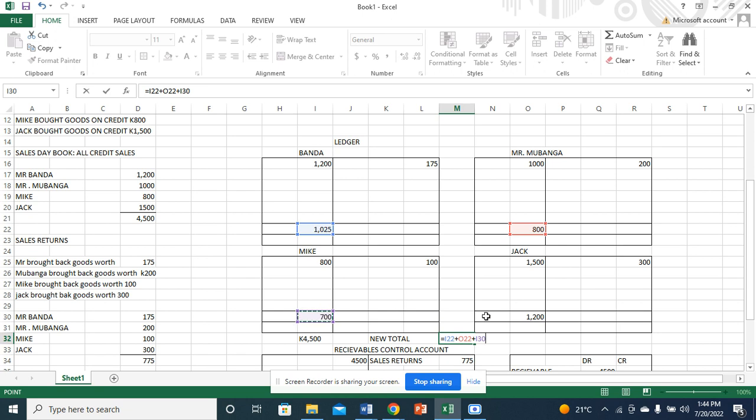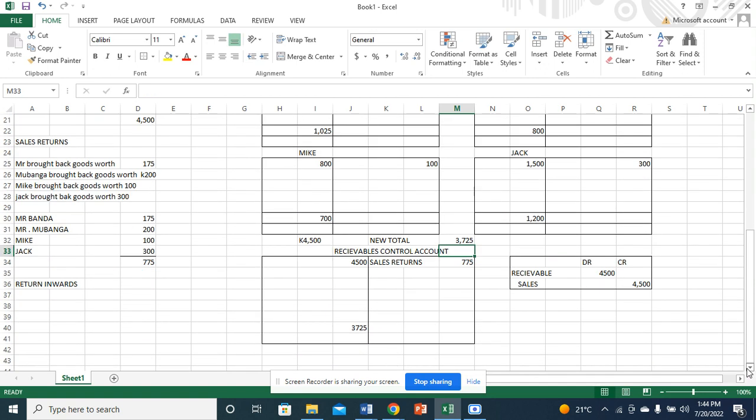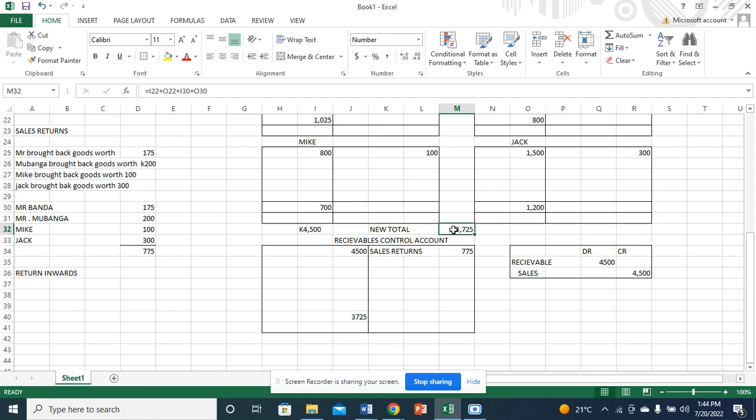100. Plus, Doug is owing us now 1,200 because he returned goods worth 300. So the total in our receivables ledger, 3,725, is similar to the total on our control account.